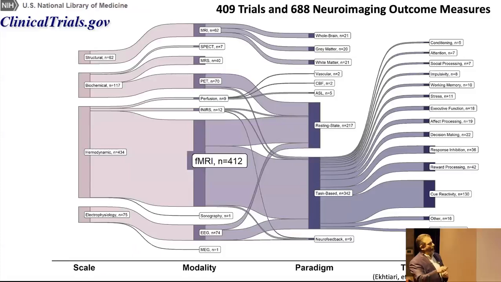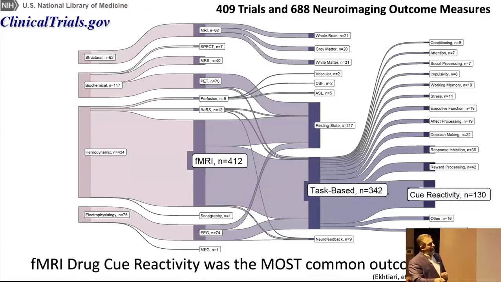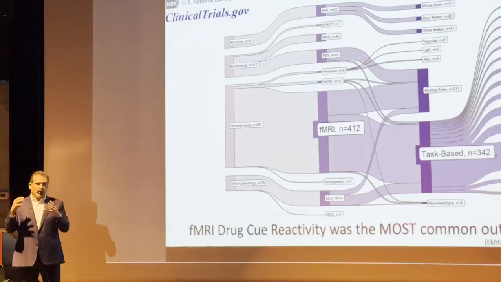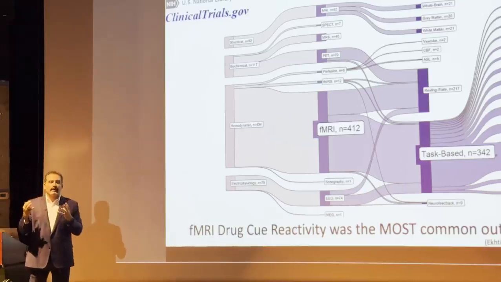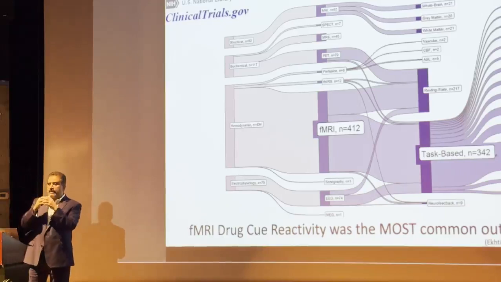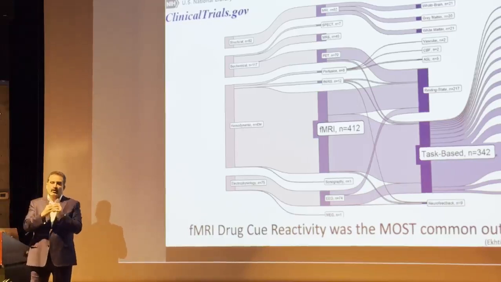So there are other MRI-based measures as well, but fMRI is the most frequent one. Task-based fMRI is the most frequent, and drug cue reactivity is the most frequent one. So the type of fMRI drug cue reactivity that I showed you is the most frequent way of using MRI as an outcome measure in a trial right now in the field, okay?